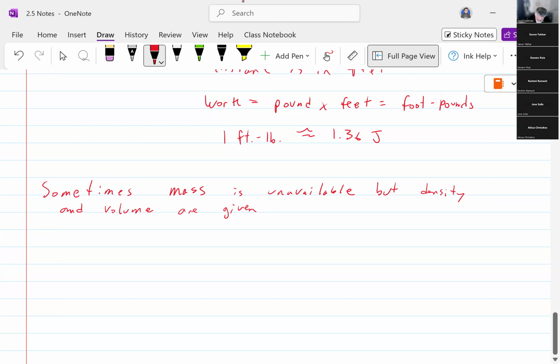So we can solve for the mass using d equals m over v, or m equals dV.